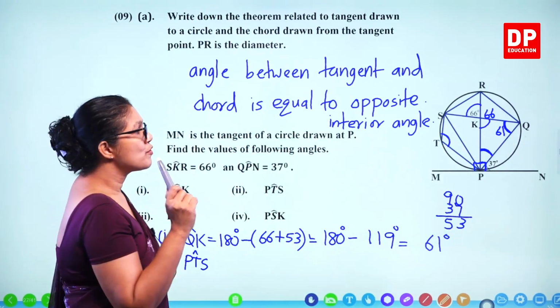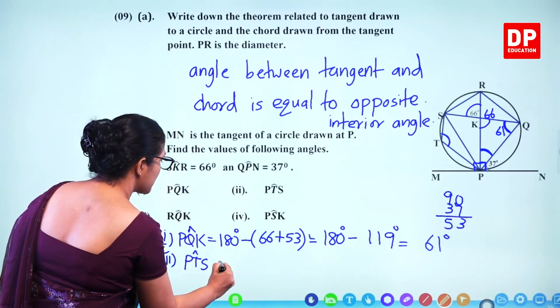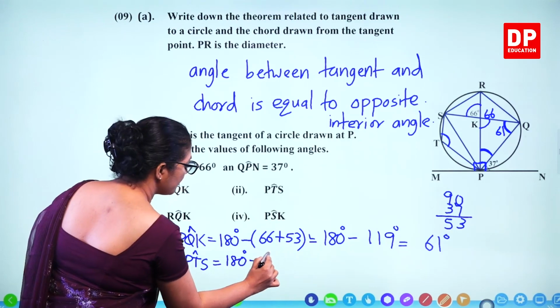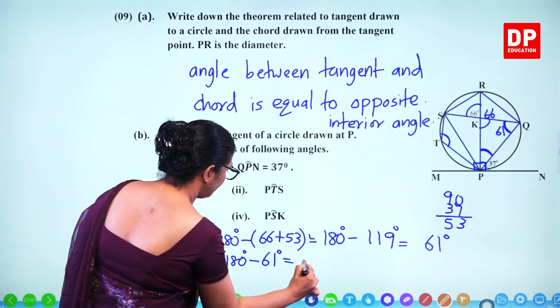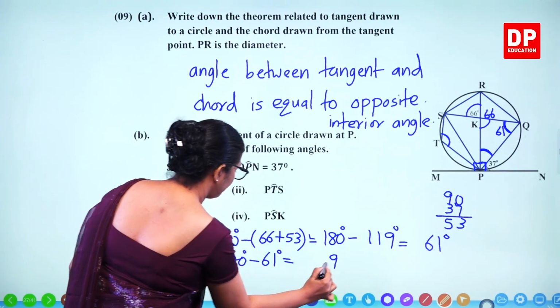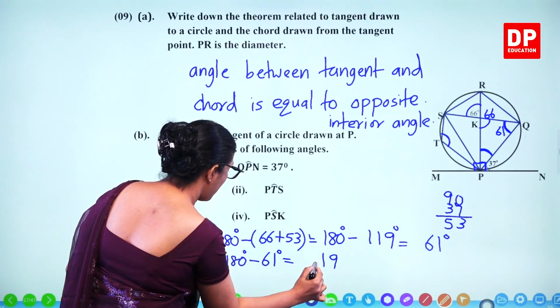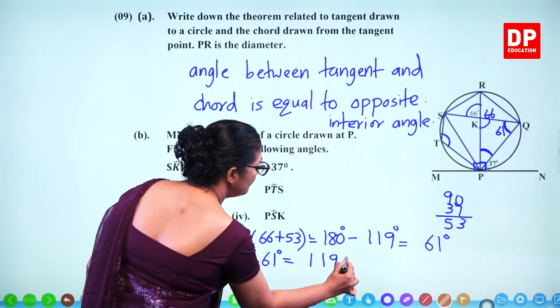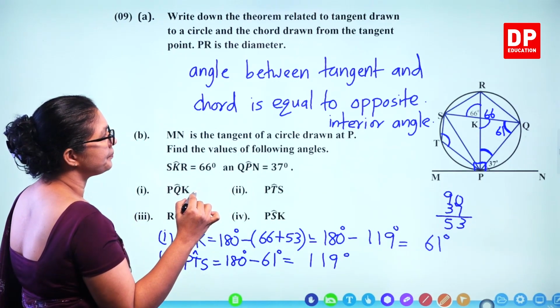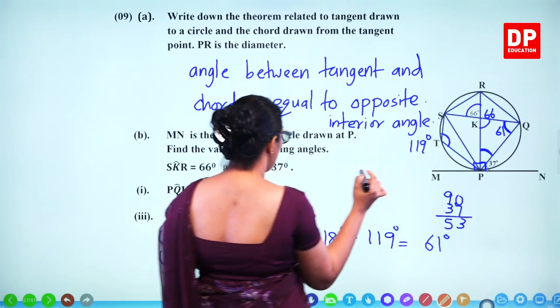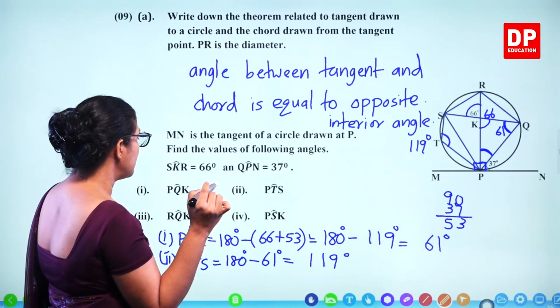Opposite angles add up to 180. So that's 180 minus 61, which is 119. This is 119. So we'll write down the reason.